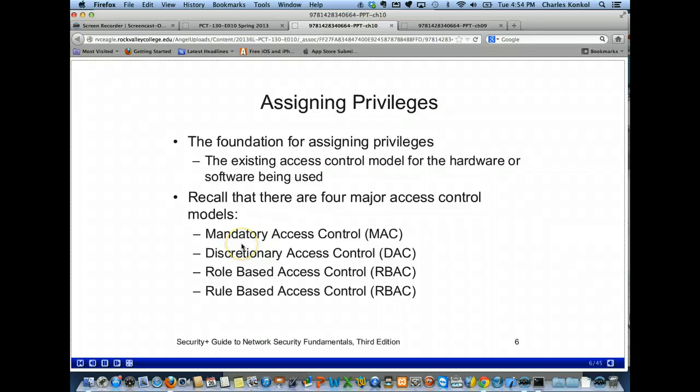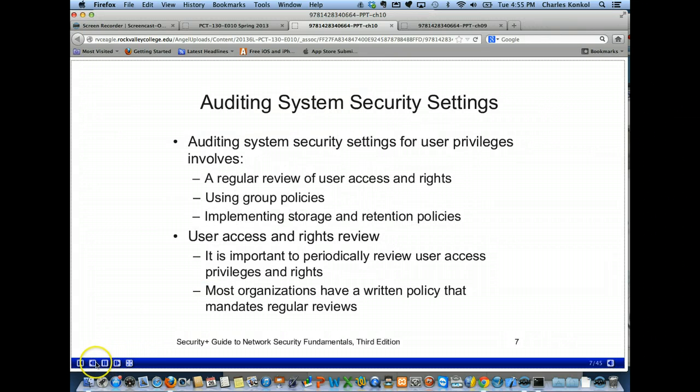So when you're assigning privileges to a computer, there are a couple of models that are used. One is called mandatory access control, then discretionary access control, role-based access control, and rule-based access control. When it comes to Active Directory, it's more of a role-based model, whatever role you are, and then secondary would be rules.